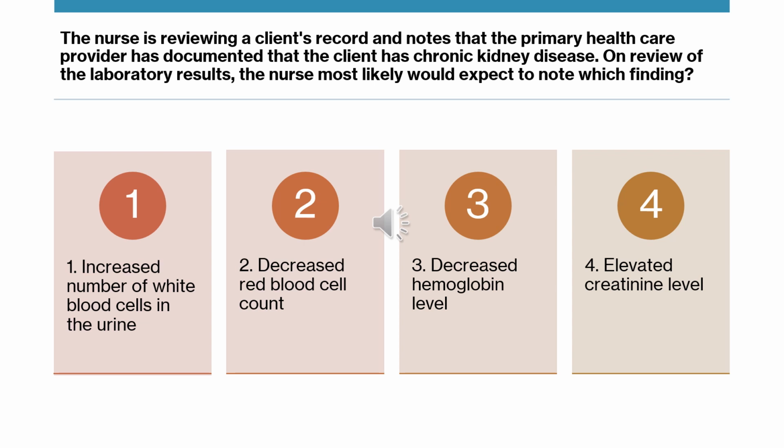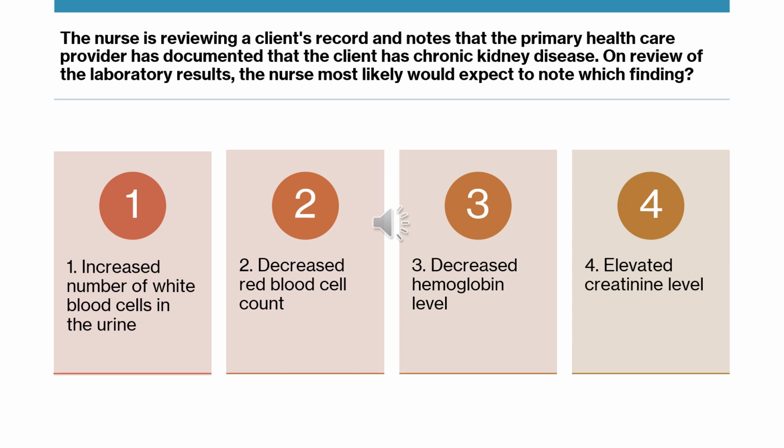And then elevated creatinine level. Creatinine is one of those lab values that can help us determine kidney function. If we have an elevated creatinine, that would mean decreased kidney function. So what is our question asking us? The person has chronic kidney disease.